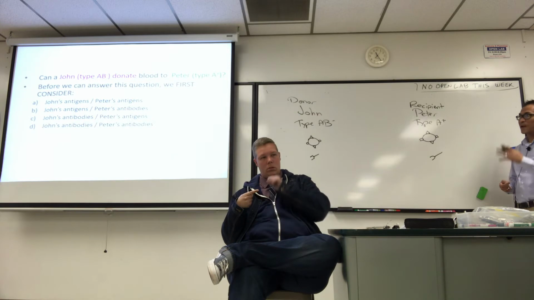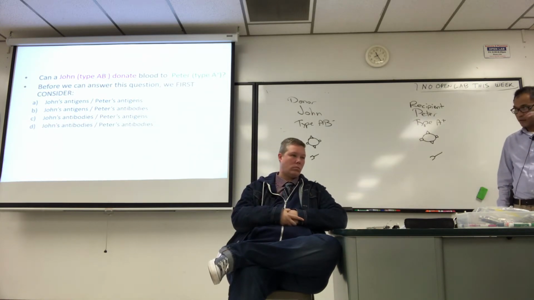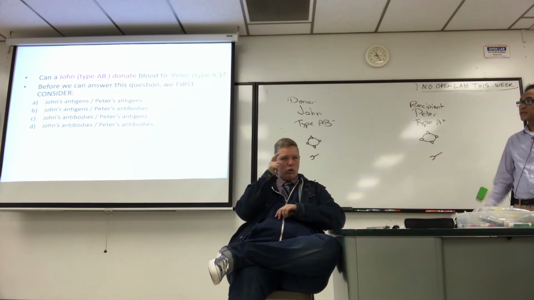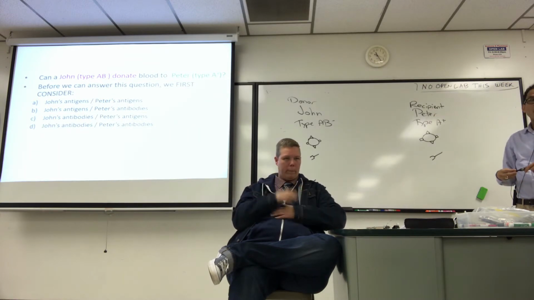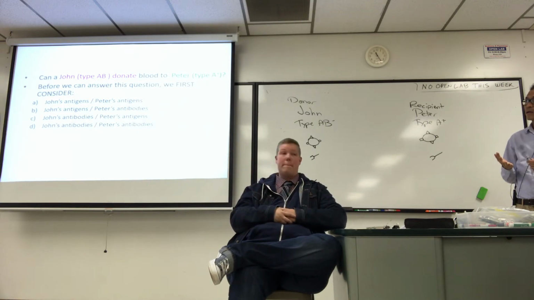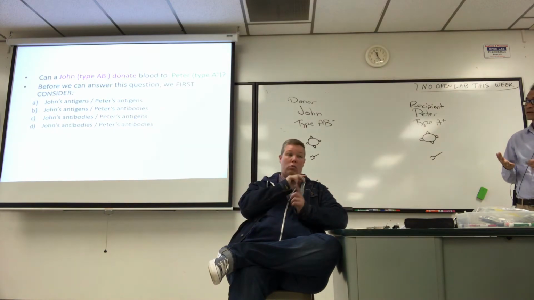To go through it, what I did was I created questions that are the correct logic to solve this correctly each and every time, no matter what the question is. So what would you consider first? Which choice is correct? A, B, C, or D? John's the donor, Peter's the recipient.